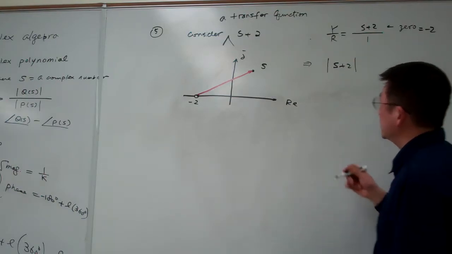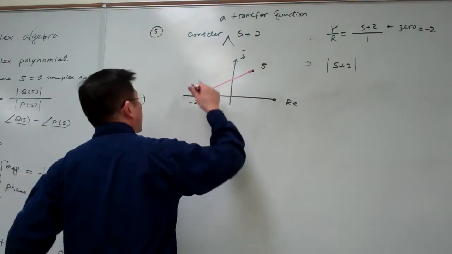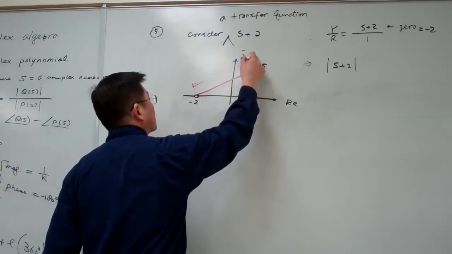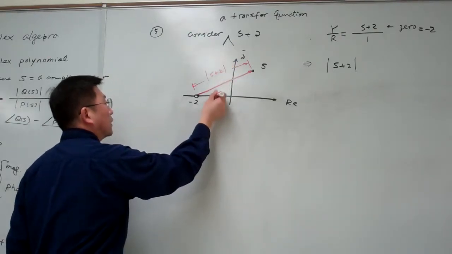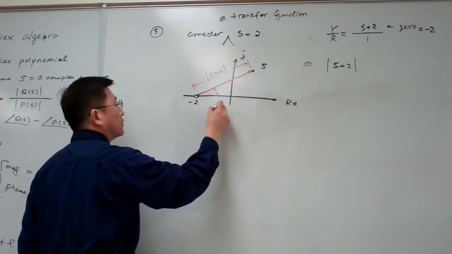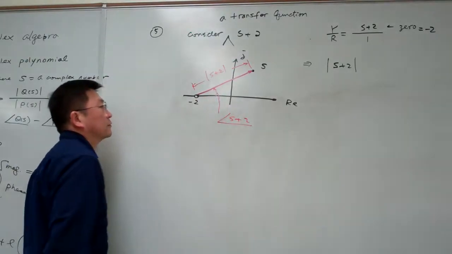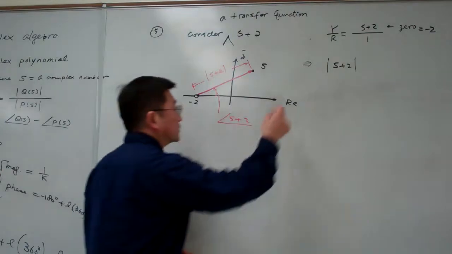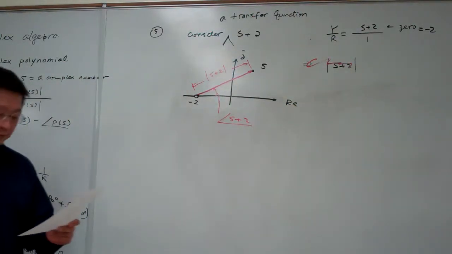Nothing much. So let me label here. This distance is s plus 2, and this phase angle is the angle of s plus 2. Okay, so we can put the labels on the drawing.